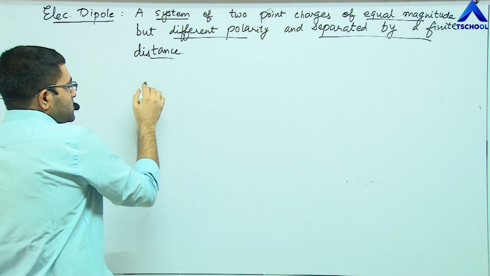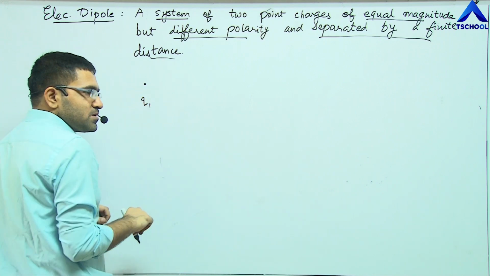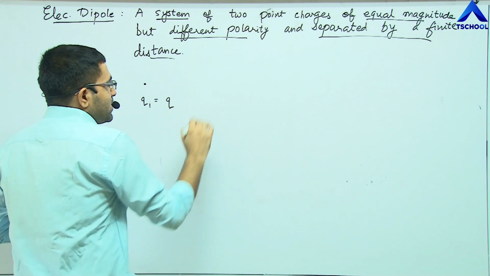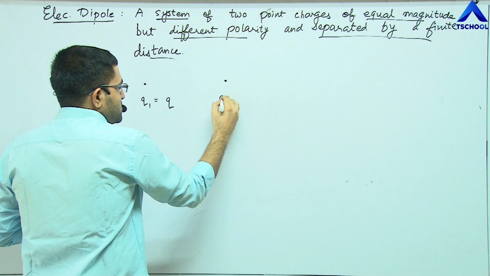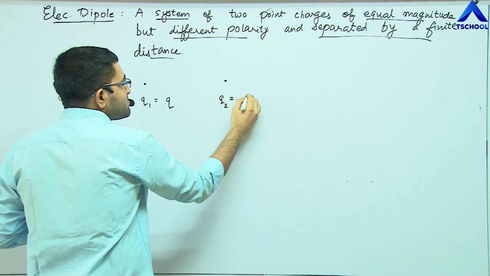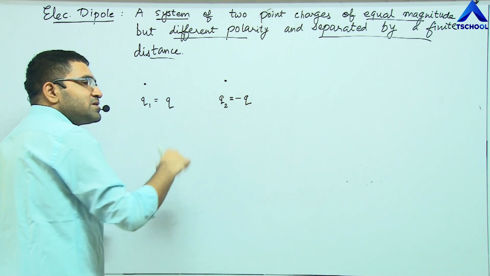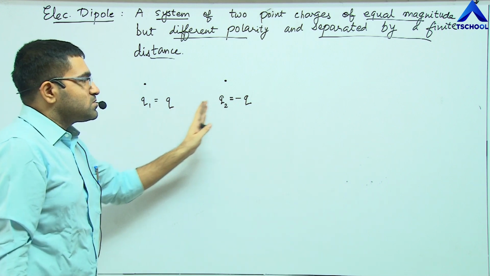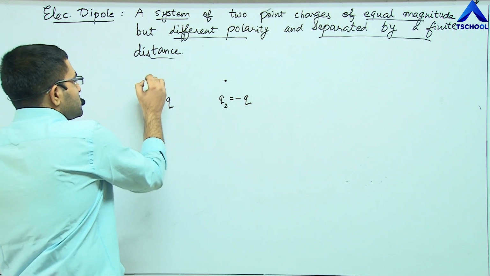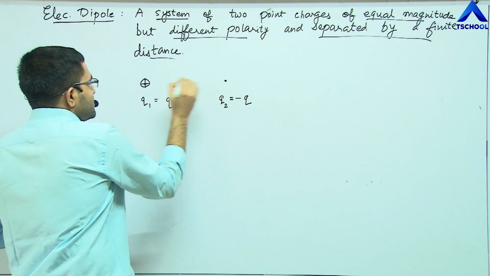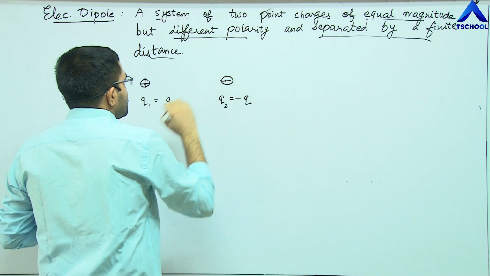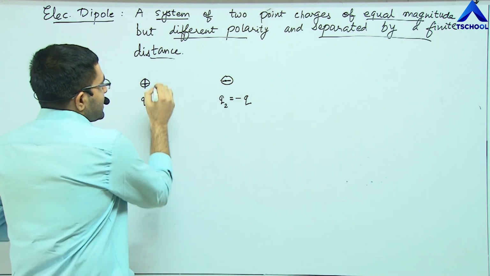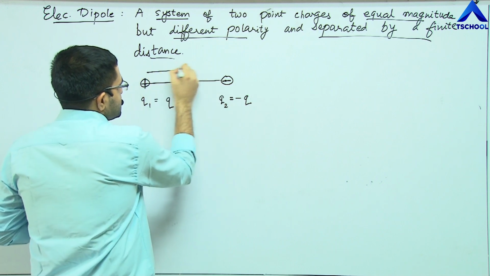So let's say one positive charge Q1 here, whose magnitude is Q, and another charge Q2 over here, but its magnitude is Q again, but the polarity is negative. So one is Q, the other is minus Q. Don't forget these are point charges and they are separated by some distance.